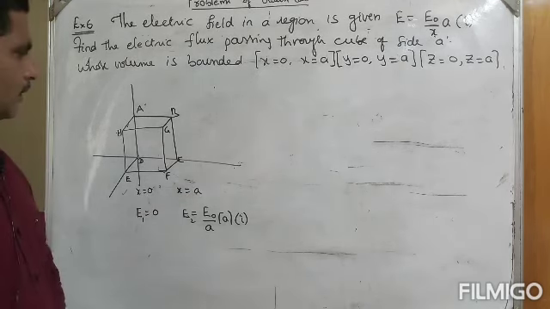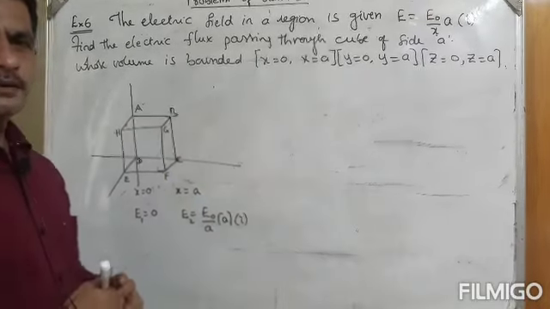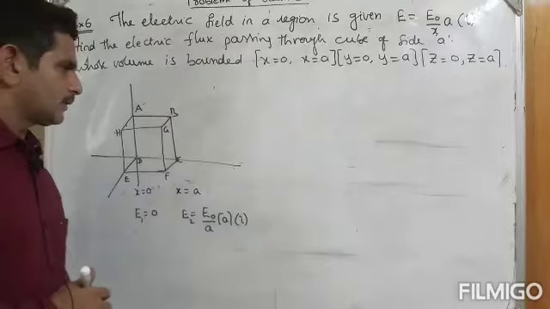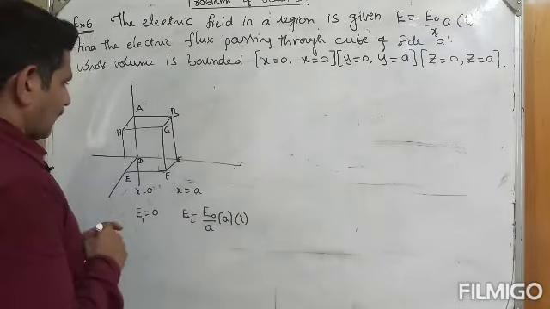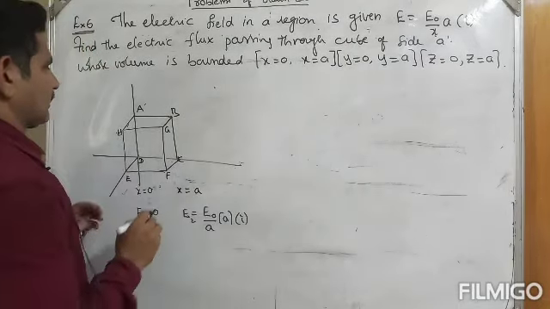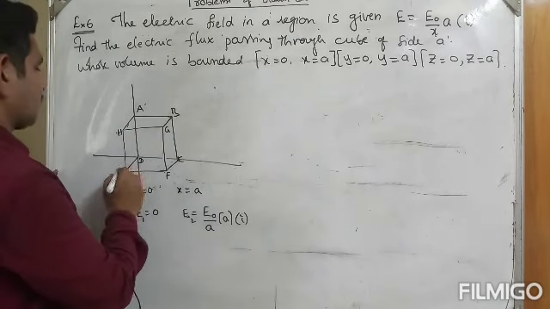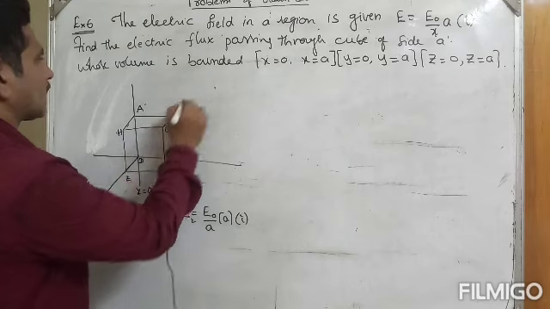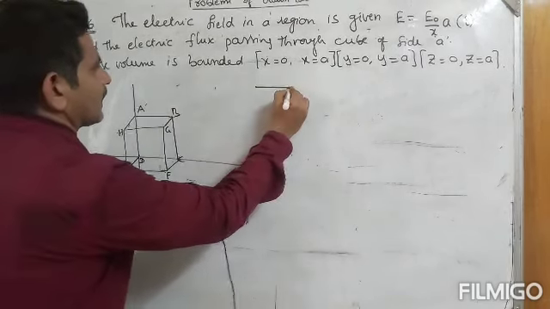What is the flux passing through this plane? See, look at here. First, the electric field intensity is variable. In what direction? That is in the direction of i. So the electric field is in this direction.